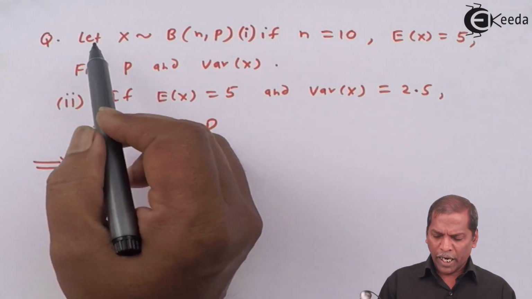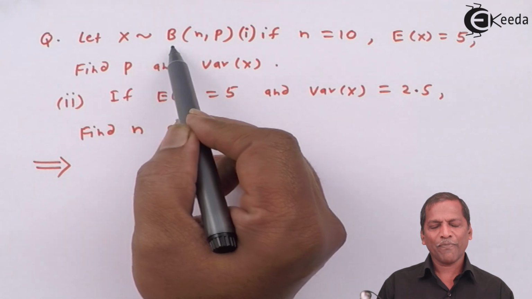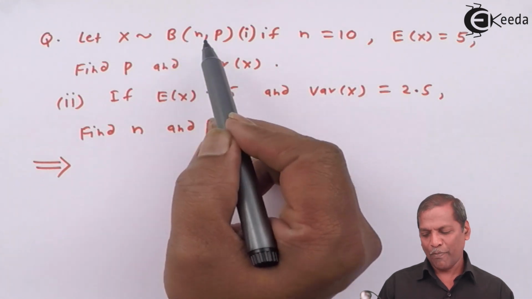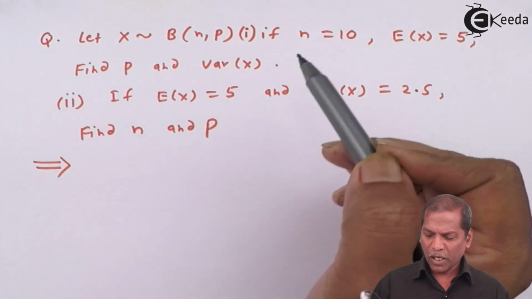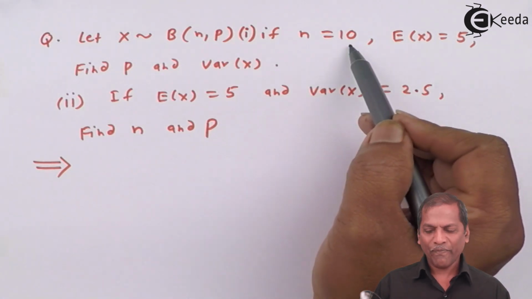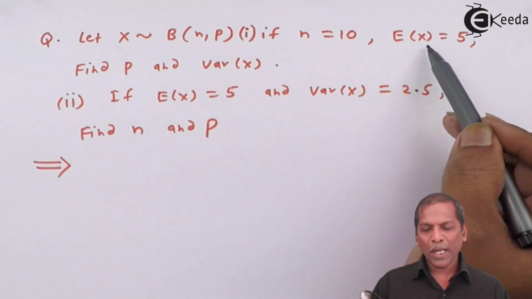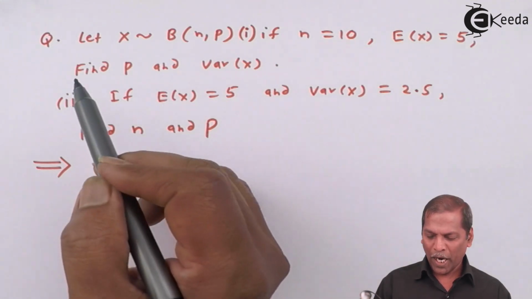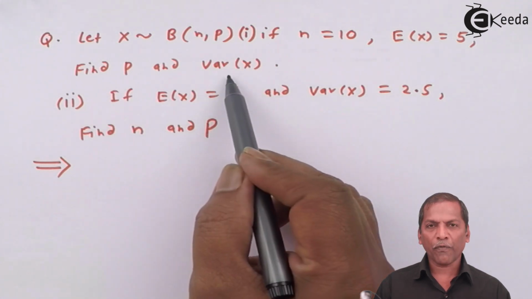Question is, let x follow binomial distribution with parameters n and p. First part of the question is, if n is equal to 10 and expected value of x is equal to 5, then we have to find p and variance of x.